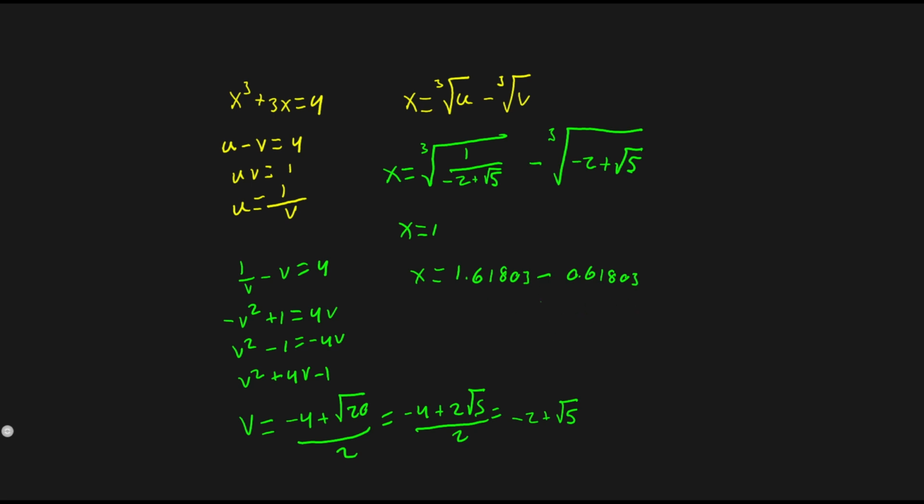And we see that if we just add this, it's going to be 1. And if we verify that we have 1 plus 3 is equal to 4, which does indeed satisfy our cubic, and that is how to solve these types of cubics, where we have q on the right side.